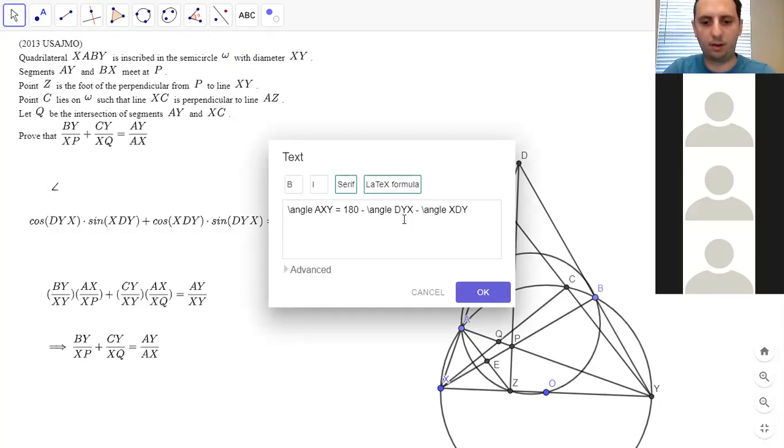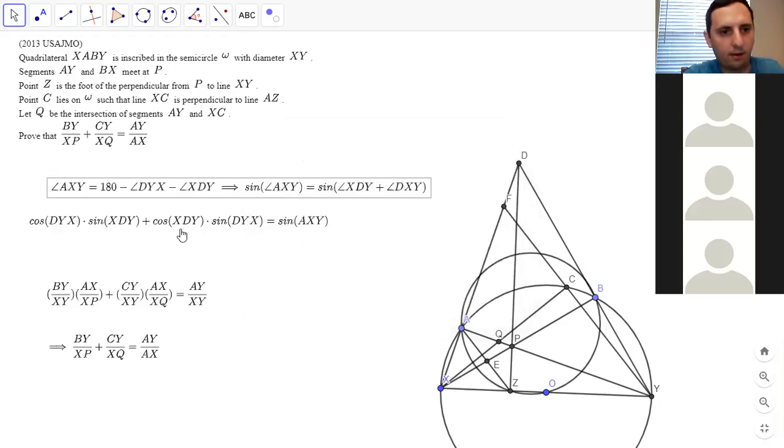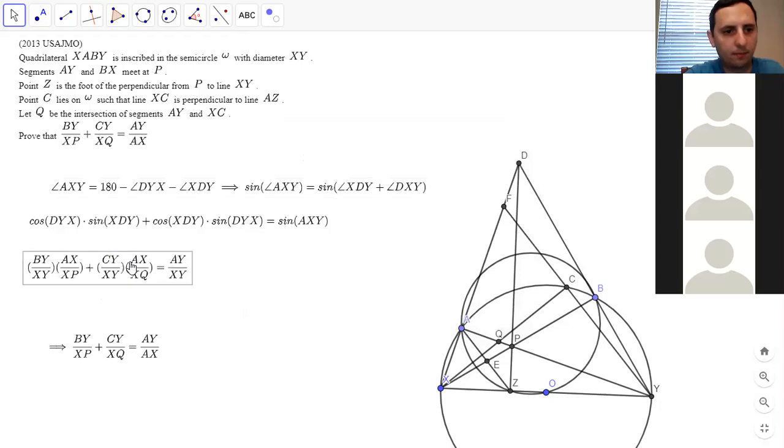And that implies sine of angle AXY is equal to sine of angle XDY plus angle DXY. Okay, and then we get this.